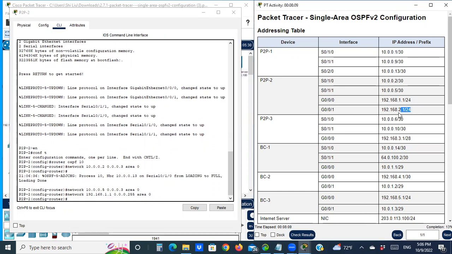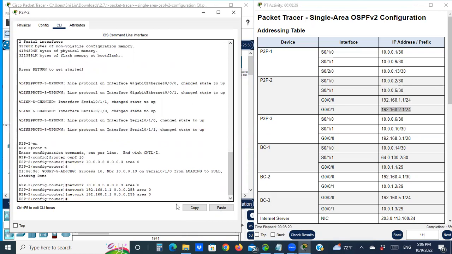The fourth, the last interface is 2.1. Good. So P2P2 is okay now, all four networks.